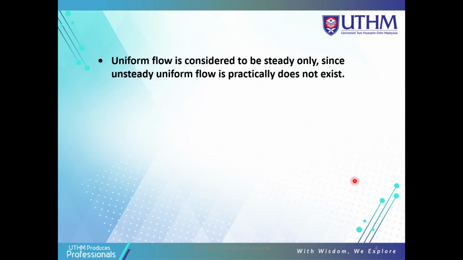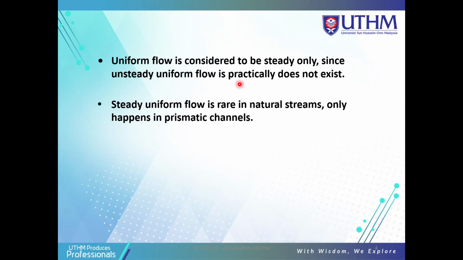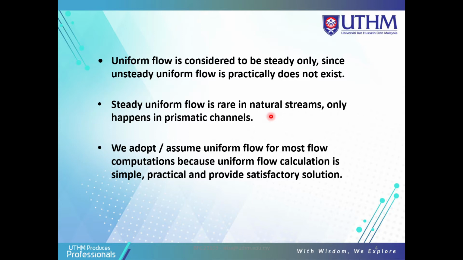Uniform flow is considered to be steady only, since unsteady uniform flow practically does not exist. Steady uniform flow is rare in natural streams and only happens in prismatic channels. Without that, we assume uniform flow for most flow computations, because uniform flow calculation is simple, practical and provides a satisfactory solution.